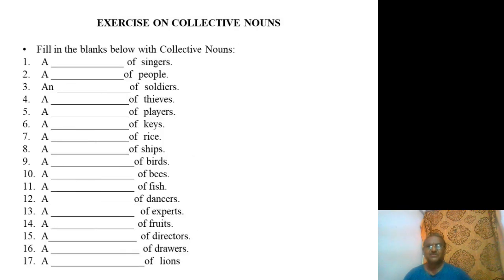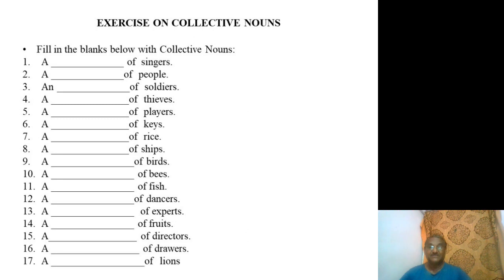We'll do an exercise here. Exercise on collective nouns. Fill in the blanks with the collective nouns. Just study this one. Fill in the blanks below with the collective nouns. A dash of singers.